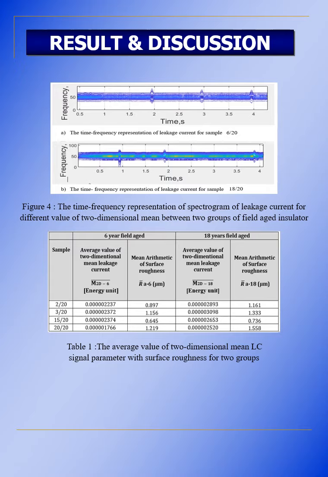Figure 4 represents the time frequency representation of leakage current in spectrogram for different values of two-dimensional mean field edge insulator. 6/20 refers to 6 years and 80/20 refers to 80 years. For the aspect of visualized energy signal, it can be seen the presence of energy signal in the time frequency domain located at 15 Hz.